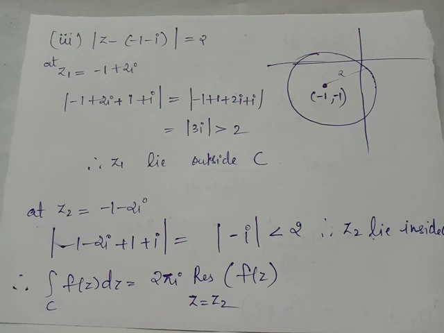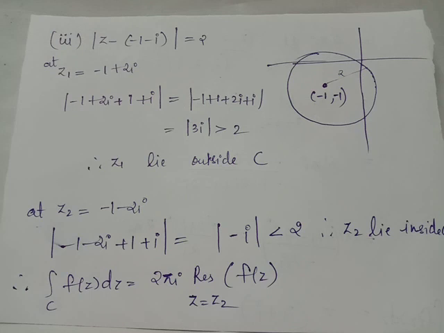Therefore, pole z1 lies outside the given circle C. When you consider the second pole z2 equals minus 1 minus 2i and evaluate the modulus in this equation, in the LHS we have the value obtained as negative i, whose modulus is less than 2. Therefore, z2 lies inside C.